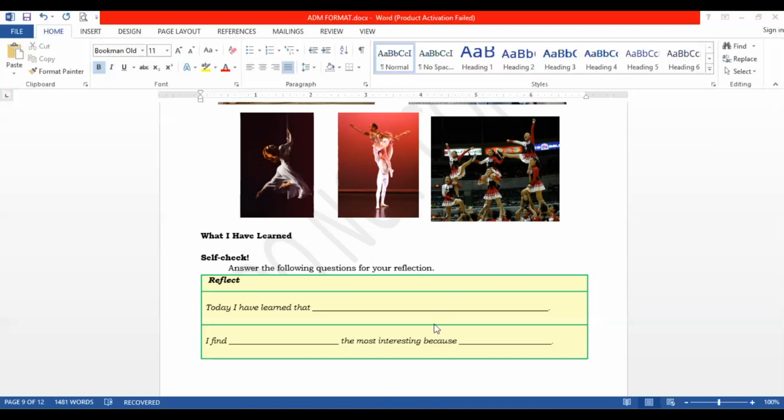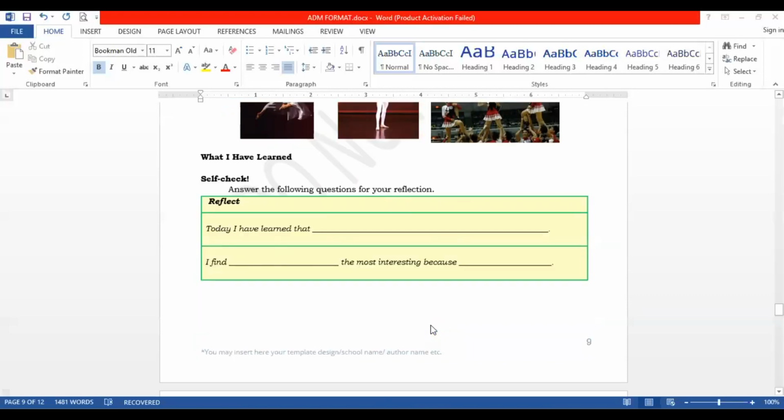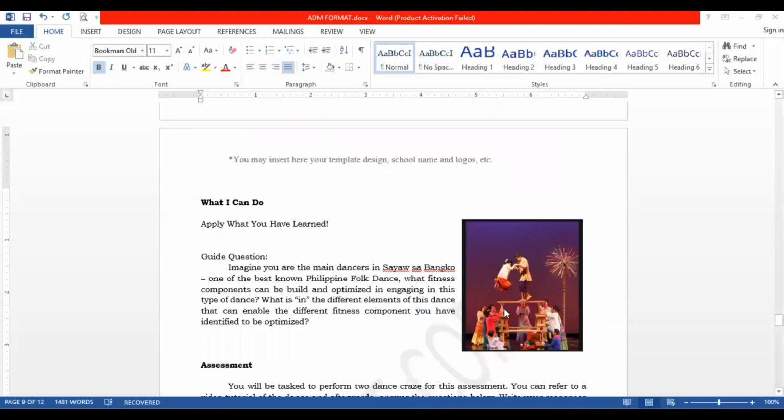So, in this case, ang ginamit ko ay reflection guide question. So, today, answer the following questions for your reflection. Today, I have learned that, so itutuloy ng bata yan, I find blank the most interesting because, yan. So, nag-reflect sila so that they can internalize more the different concepts that were discussed in the body of lesson.